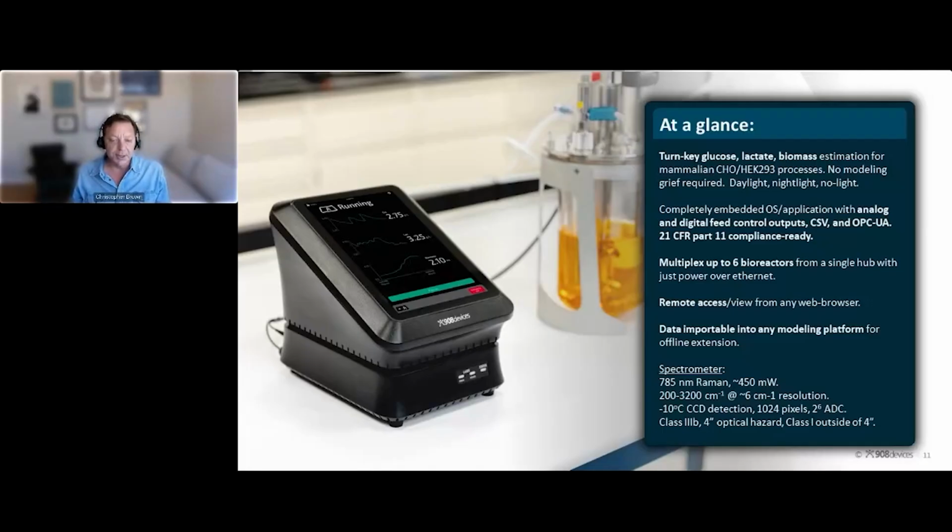It's a cooled CCD system, 1024 pixels, and as I noted, class 3B. It has a very myopic optical lens, though, so there's only a 4-inch optical hazard around the end of the probe, and it's class 1 outside of 4 inches, so no need for over-the-top laser safety measures or glasses or anything like that.